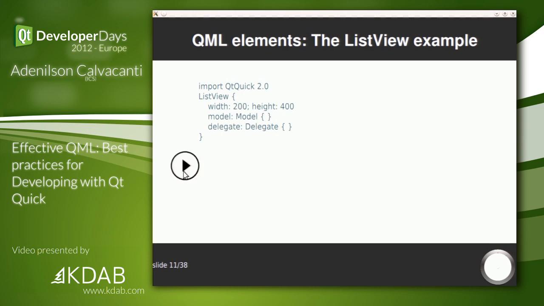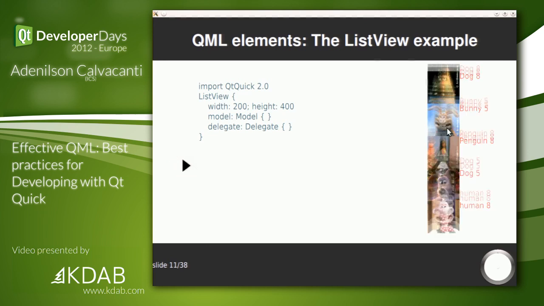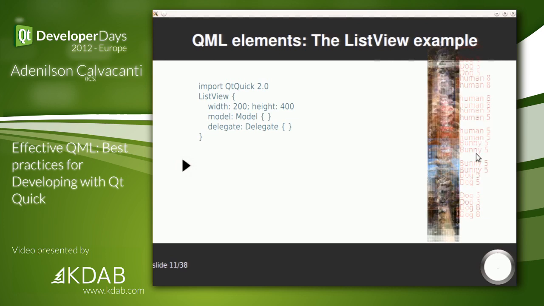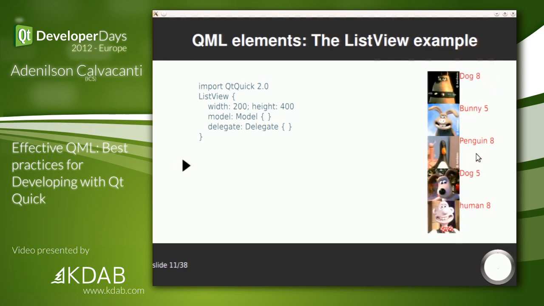So this is how you create a basic scrolling list. There is a component called list view. And then I have it. You see that the scrolling list is being painted outside of its area. Why? Because list view will cache the items outside of the viewport, so you can have smoother scrolling.